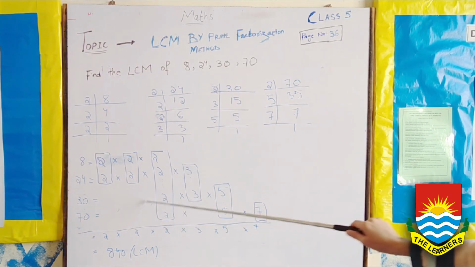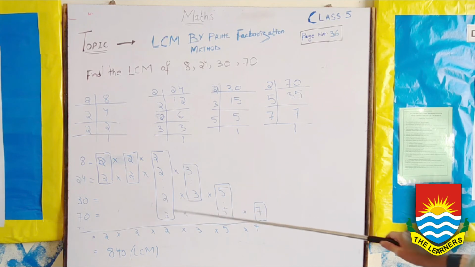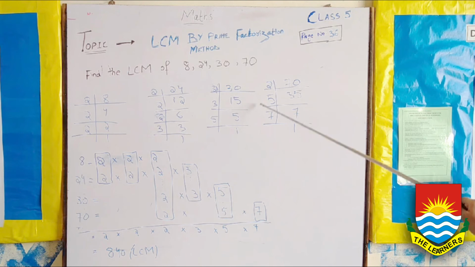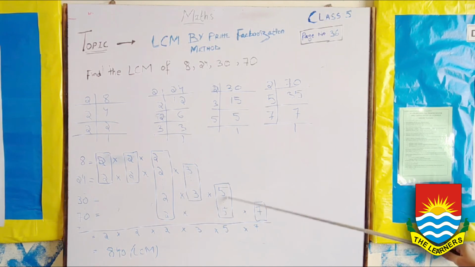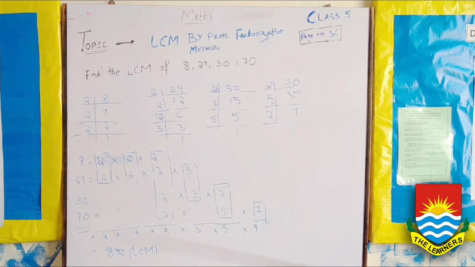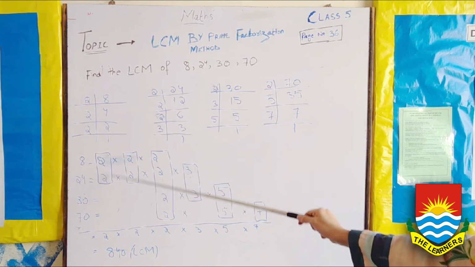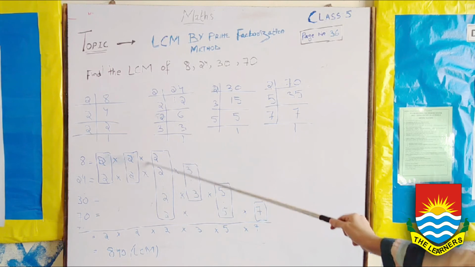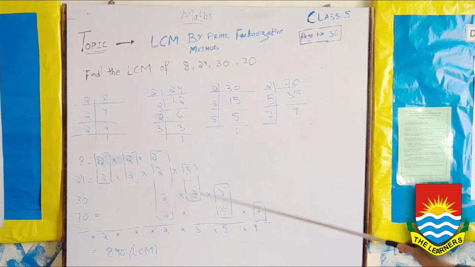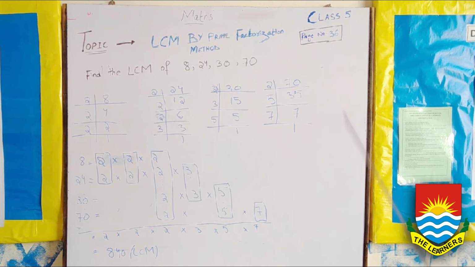So for 70 we write the 2 over here, then 3 is not here, so we need a space. Multiplied by 5 is here, so we write down the 5 below the 5 and multiply by 7. Now put brackets over here, or make a circle or whatever, for your clarity.